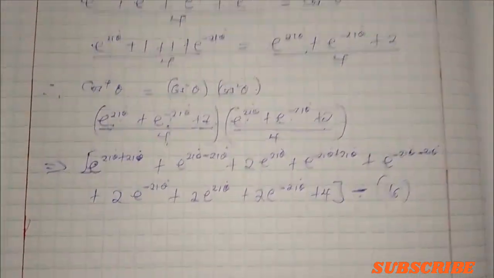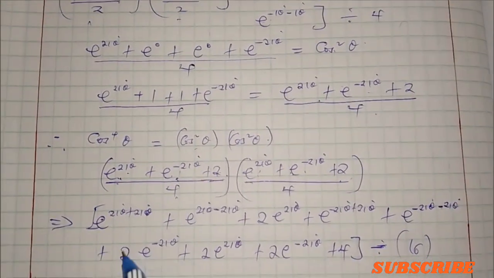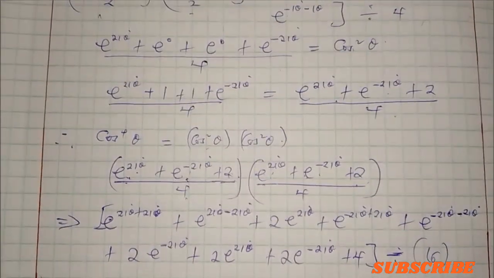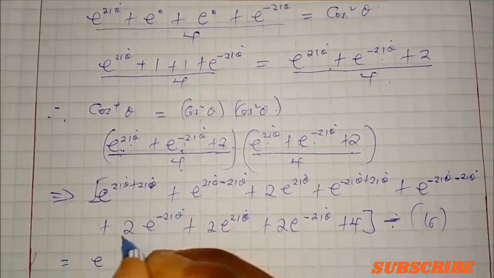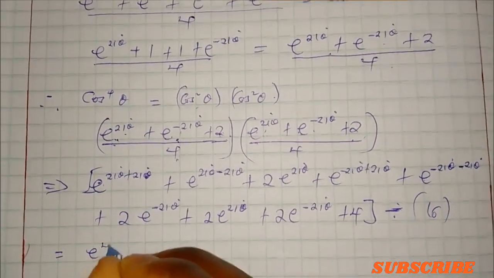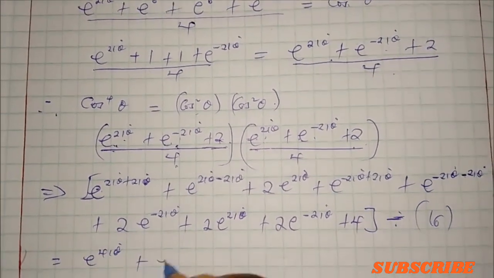Okay. So after that, what do we do? We simplify. We say that this one becomes what? 2i theta plus 2i theta is what? 4i theta plus e.